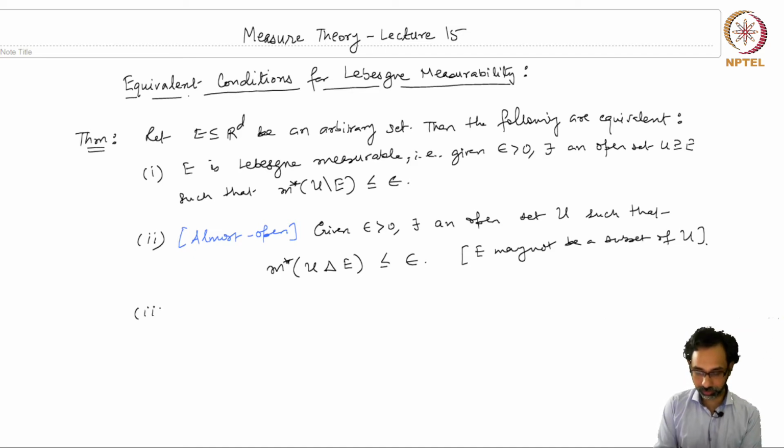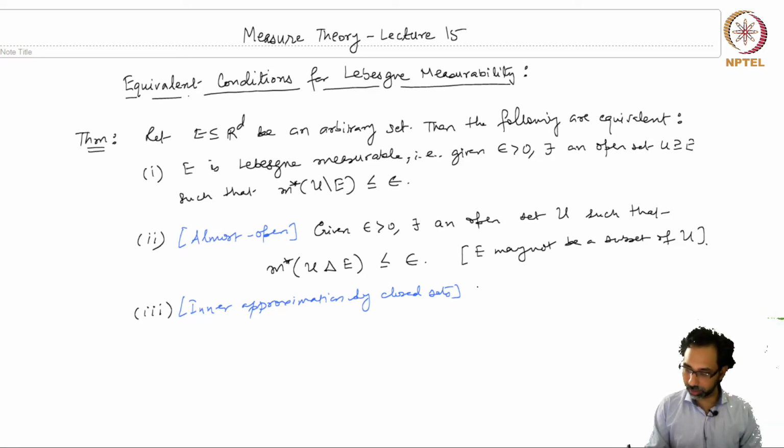The third is approximation by closed sets, inner approximation by closed sets.